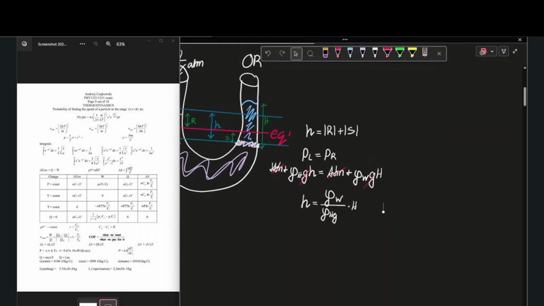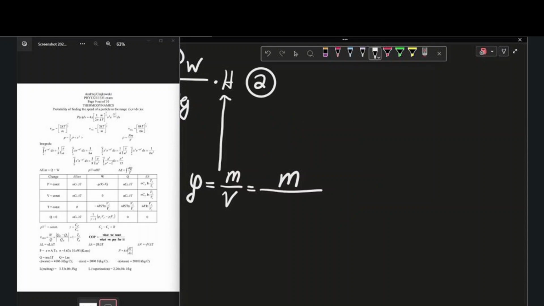We know that density is mass over volume. Now look with me here. The volume taken up by water is the H, the height, times this part, which would be the base. Now what does that mean for us? Well, it means that our volume is mass over H times 2 pi r squared.